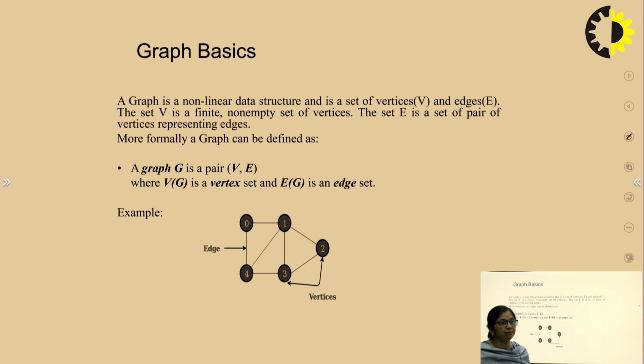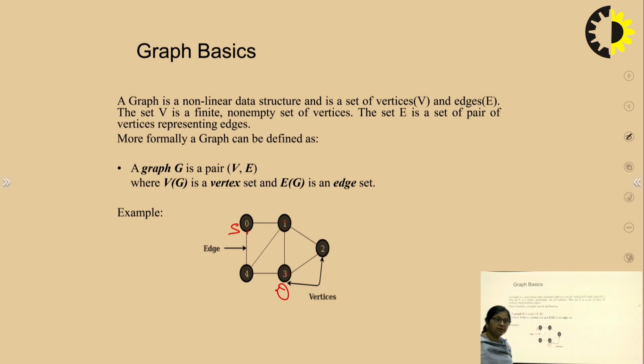When we have two ways, the relationship between the source and destination via roads is not linear. For example, if I take 0 as my source city and this is my destination, I can go via city 1 to 3 or via 4 to 3. So this is not a linear relationship, and it cannot be represented by linear data structures.